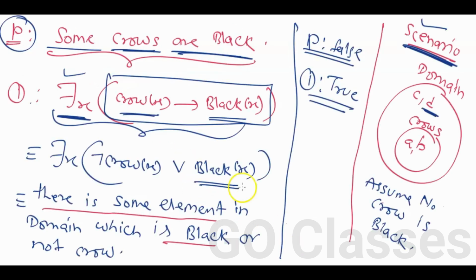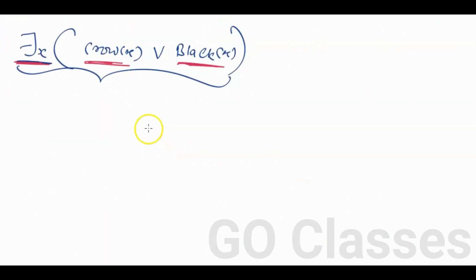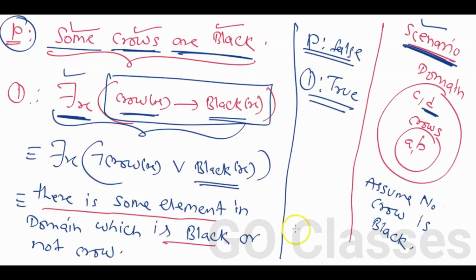But what we want is that some crow is black. So this expression is also not a correct expression for our statement.